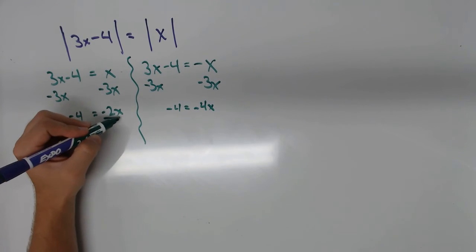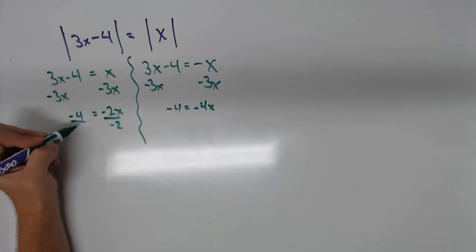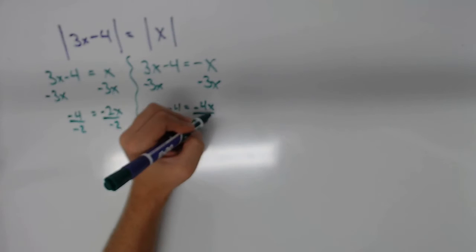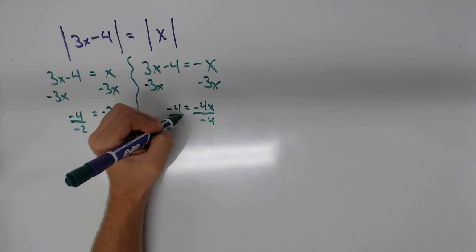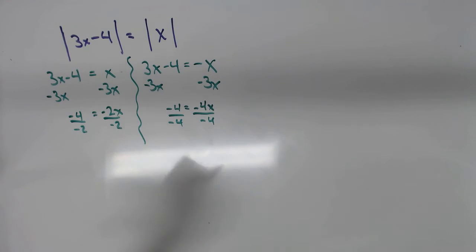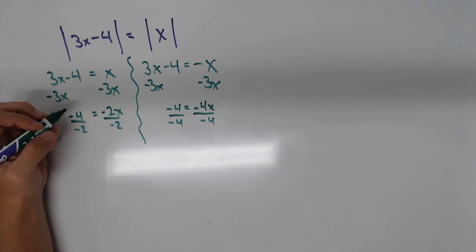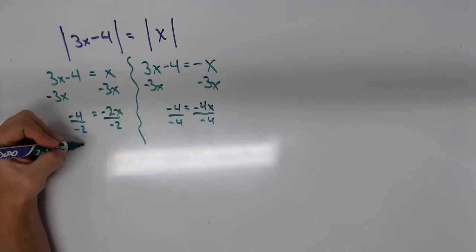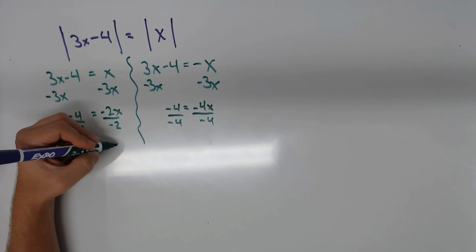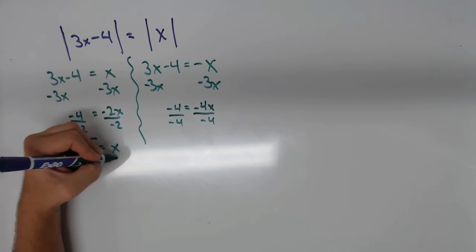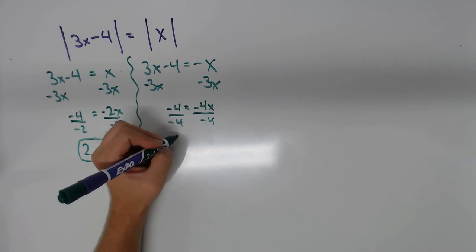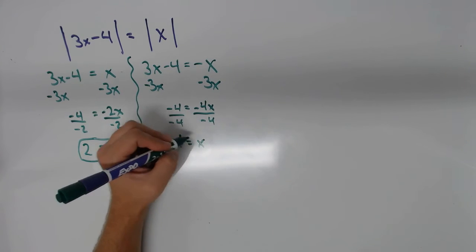So this one has to divide by negative 2. This one has to divide by negative 4. When you have absolute values on both sides, the steps aren't always going to match anymore. They will for a while, but eventually something's going to be different. So I get 2 equals x, and I get 1 equals x.